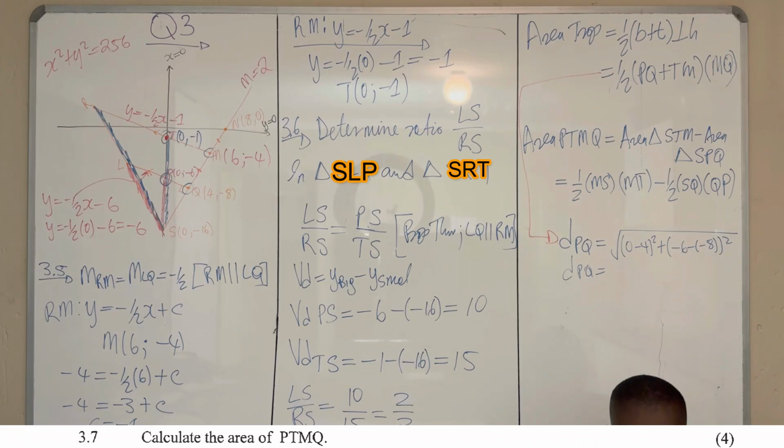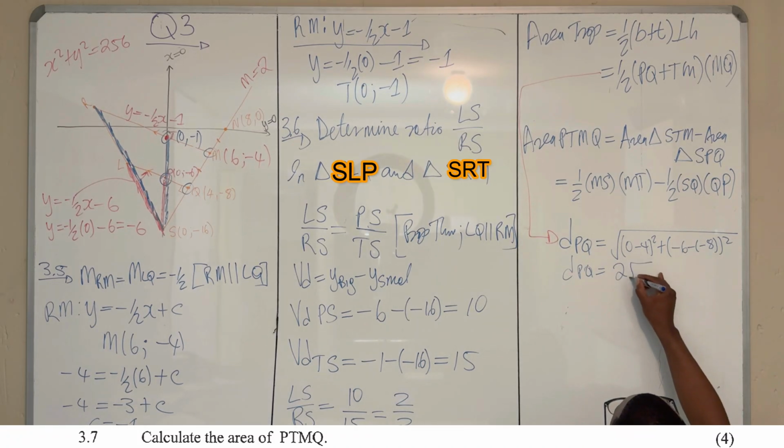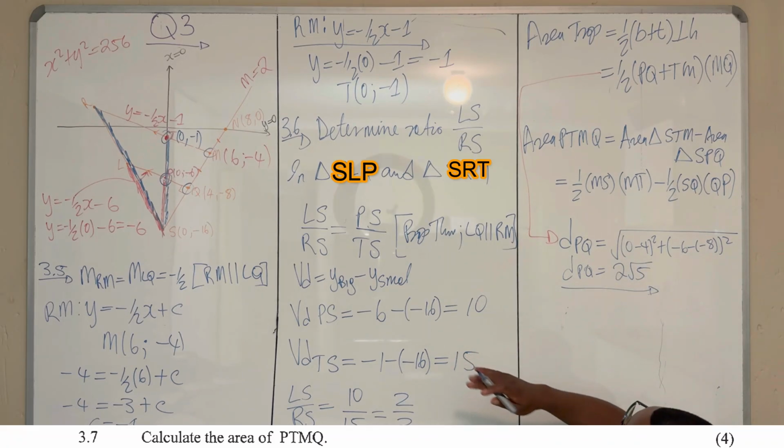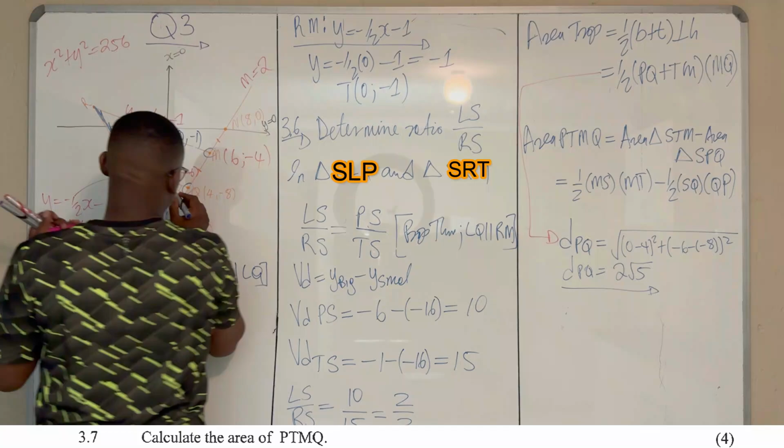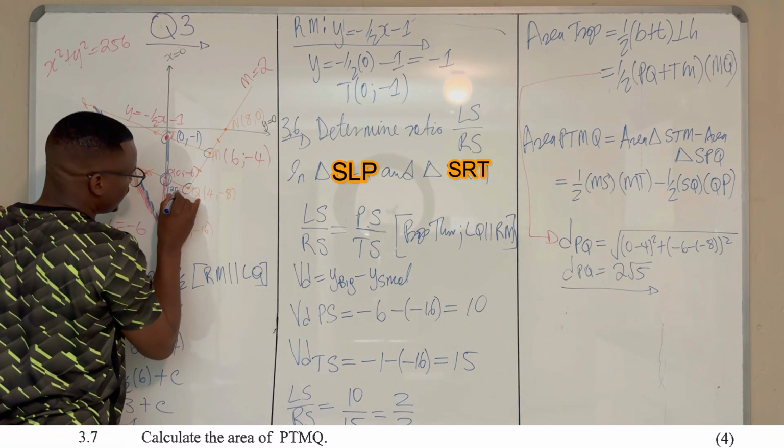So let's punch it and see what we get. The answer comes out to be 2 root 5, right? The answer for PQ. So here's PQ, came out to be 2 root 5.